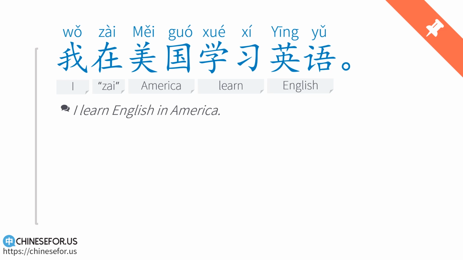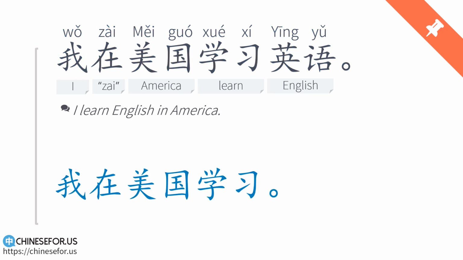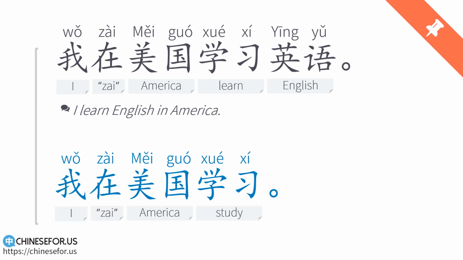I learn English in America. Or just 我在美国学习。I, 在 America, study. I study in America. See the difference?